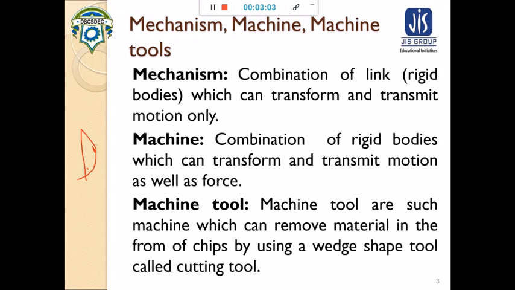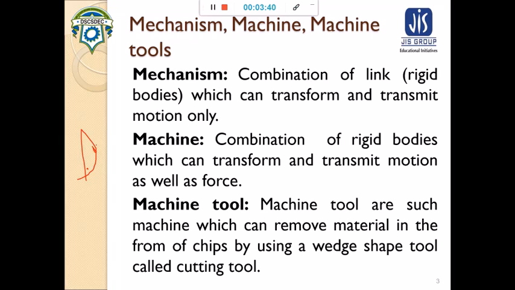When a number of rigid bodies are joined together for a specific purpose, that is called a link. And the combination of links which can transform and transmit motion only is called a mechanism. One example of a mechanism you have seen, I guess, as you are doing engineering drawing, is a device called a drafter.